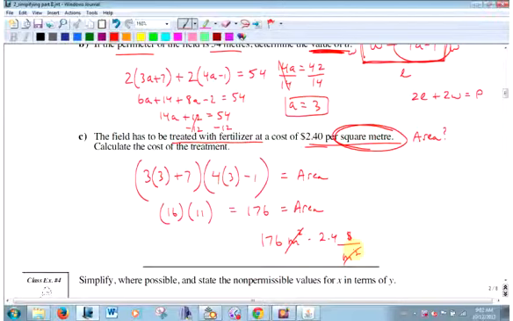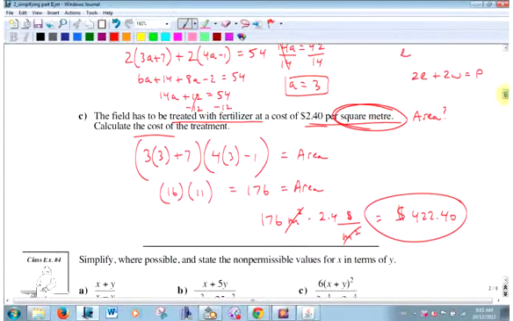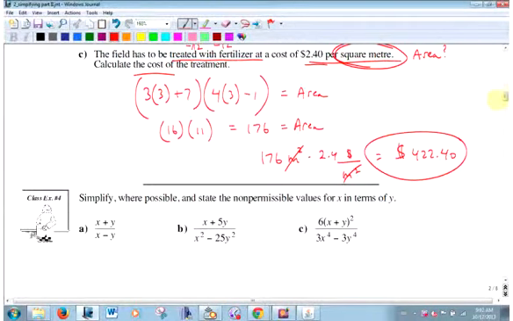I'm left with dollars, aren't I? Calculate the cost. Better be in dollars. Okay, what's that times that? 422.40. Okay, couple more. Our computer's still working, so that's good.